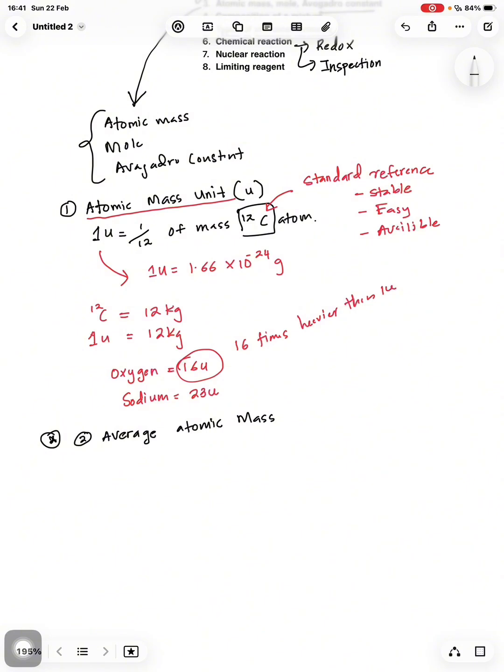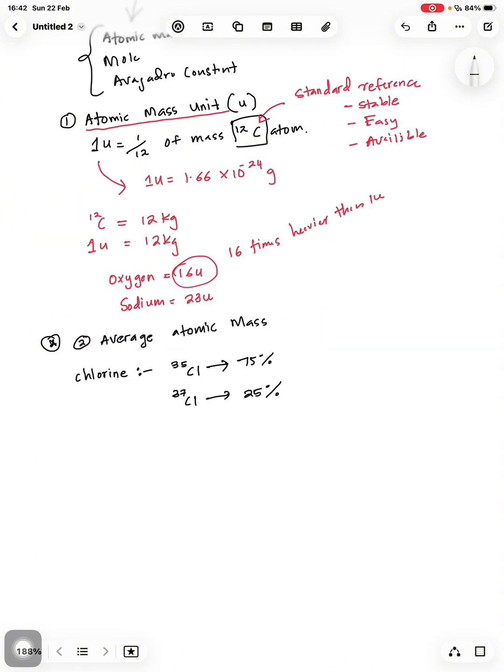For example, if I take chlorine, we have chlorine-35 and chlorine-37. This one exists 75% in nature, and this one exists 25% in nature. We calculate weighted average. So that weighted average is only average atomic mass.